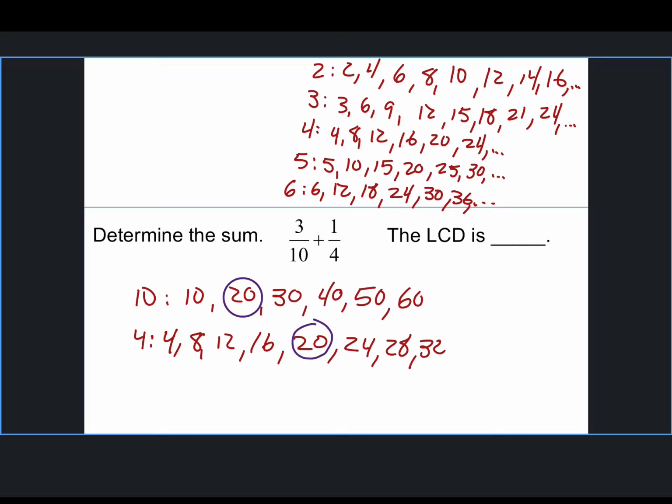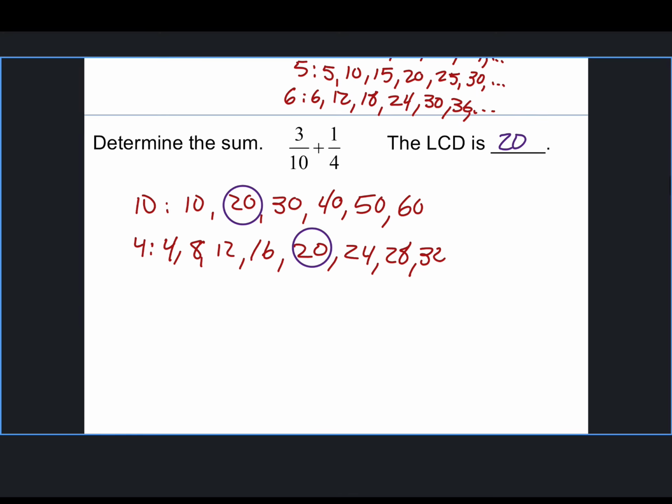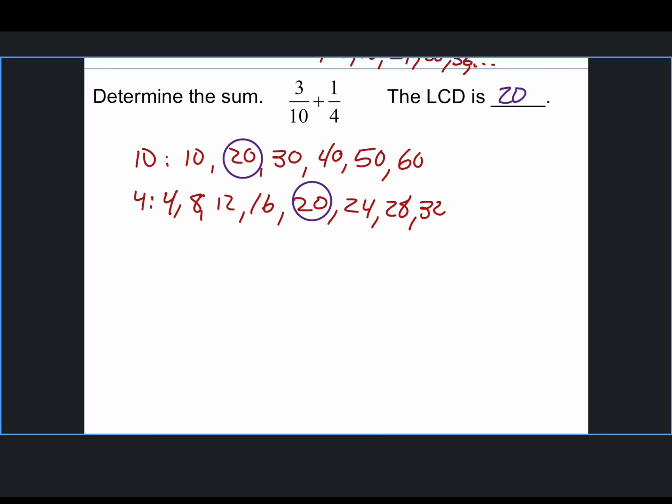20. So our LCD is 20. So now we need to convert that 3/10 into 20ths.